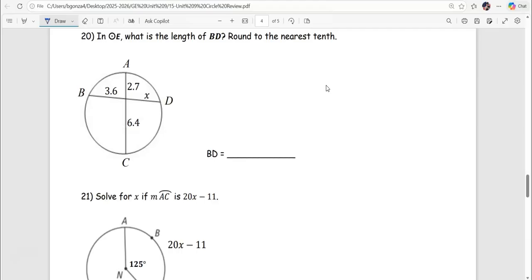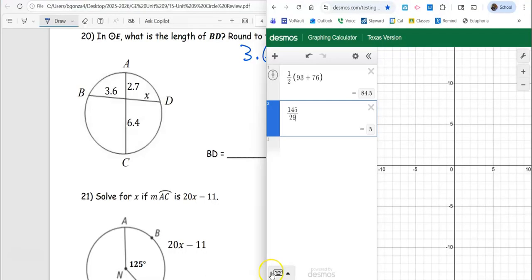Okay, what's the length of BD? So first we got to find x. So remember, part on the same chord, part times part equals the other chord, part times part. So 3.6 times x equals 2.7 times 6.4. What's 2.7 times 6.4?